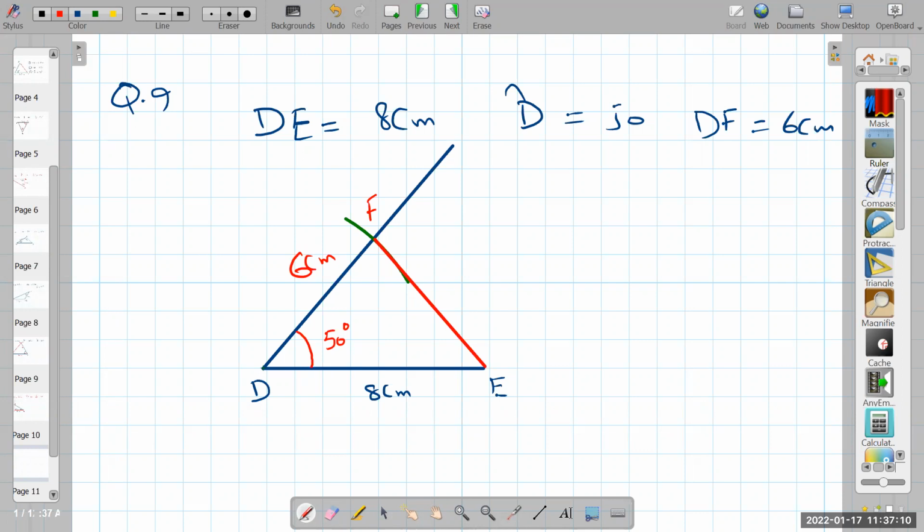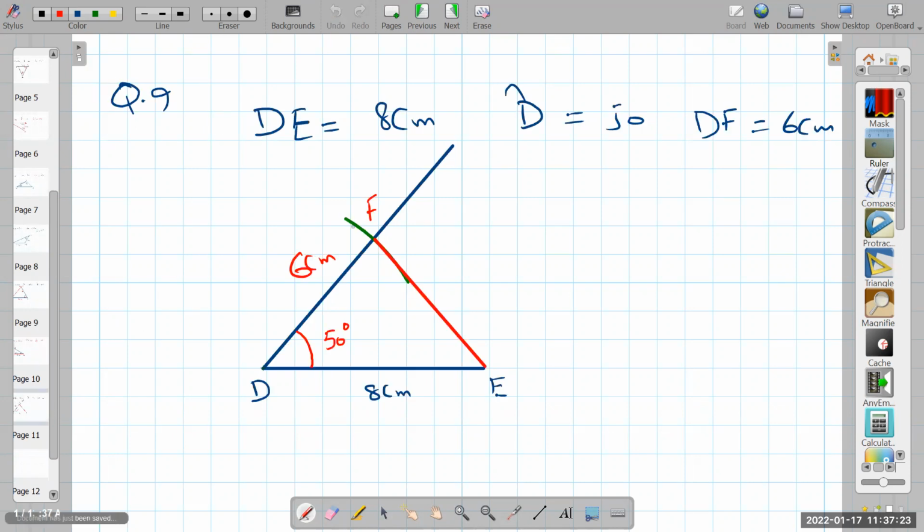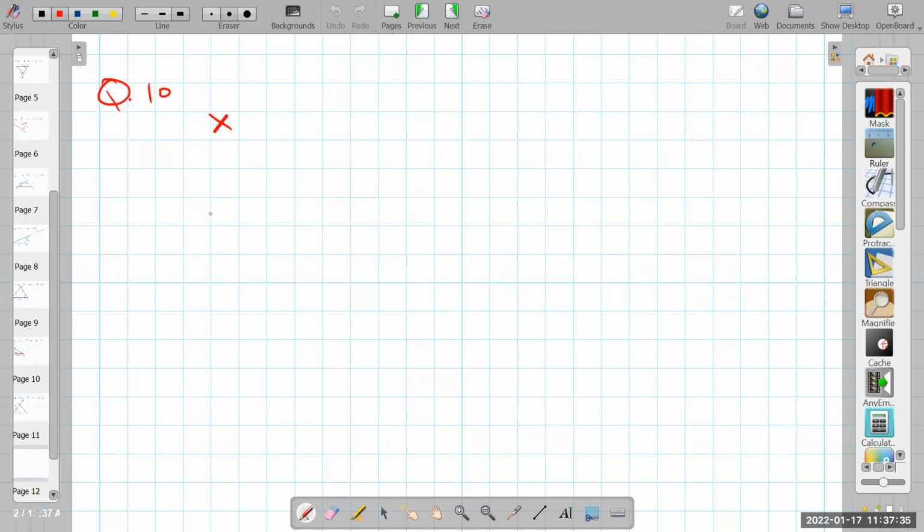Now the last question, question number 10. Question number 9, DE is 6 centimeter?